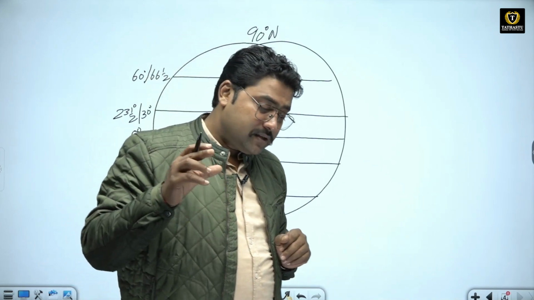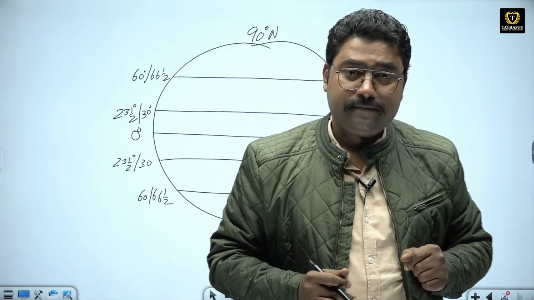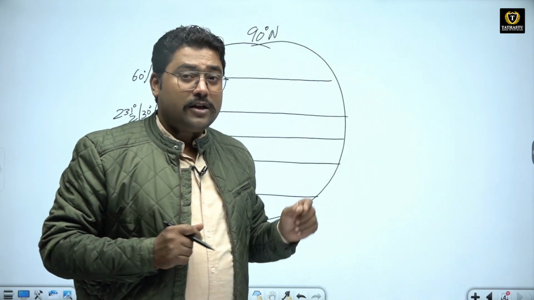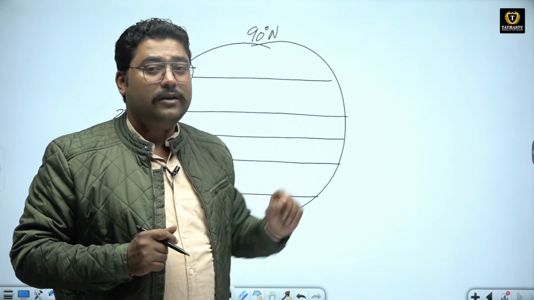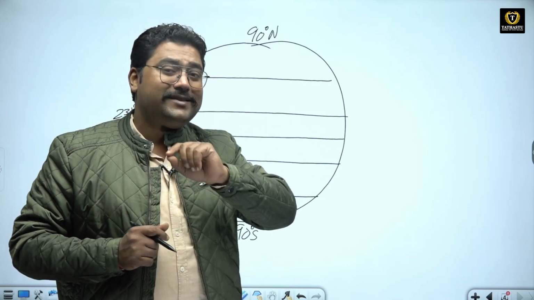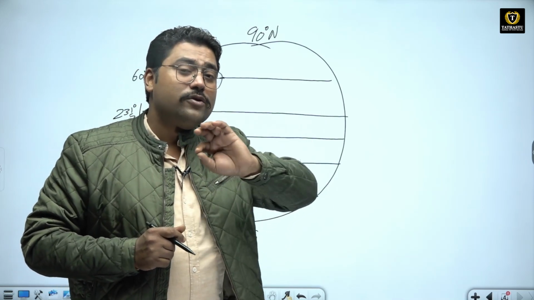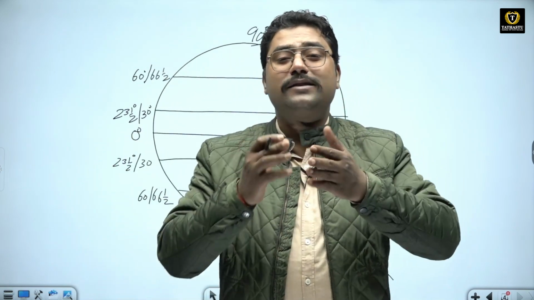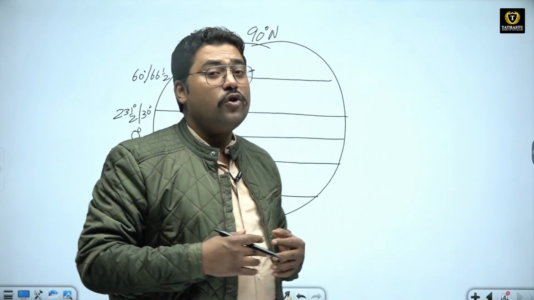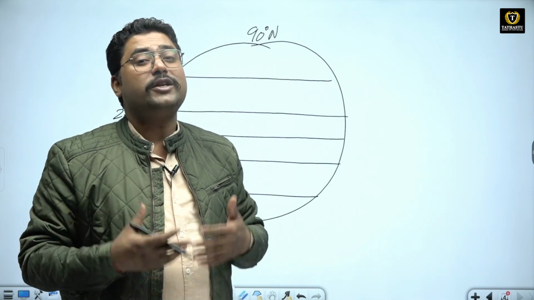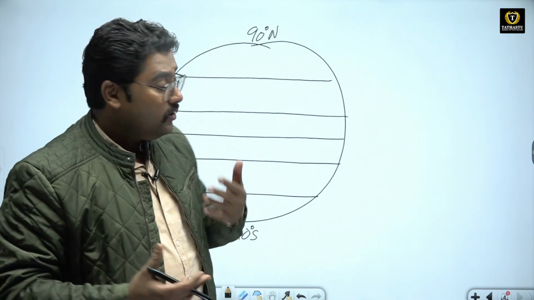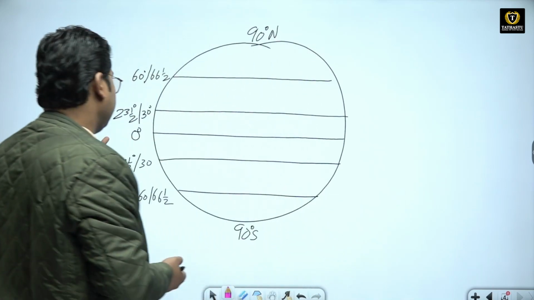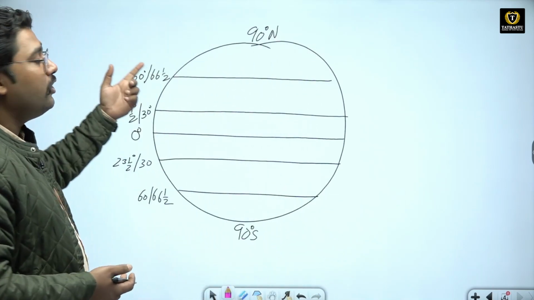Like, suppose take the example of Delhi, located near about 28 degree north. The sun rays are not completely vertical. There is not a single zero shadow day, but the angle is near about 80-85. So basically the temperature in Delhi is high. So either you will get 23 or 30, 60 or 66.5.